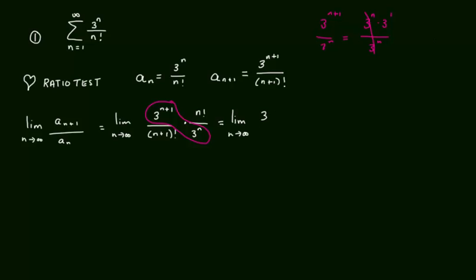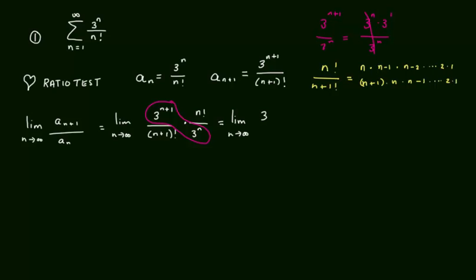Next, I'm going to look at n factorial over n plus 1 factorial, and you should know that n factorial is n times n minus 1 times n minus 2 times ... times 2 times 1. And n plus 1 factorial is n plus 1 times n times n minus 1 times ... times 2 times 1.